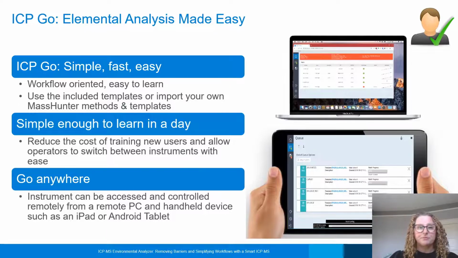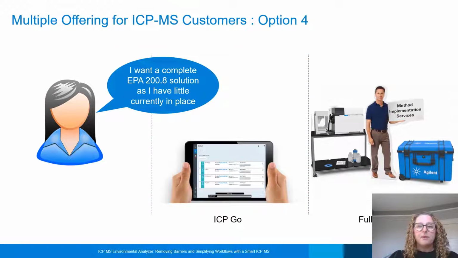Maybe your option 4, though, is that you want a complete EPA 200.8 solution, as maybe you have little things currently in place, and maybe this is a new analysis for you. If this is the case, we can do ICP Go and a full implementation service.